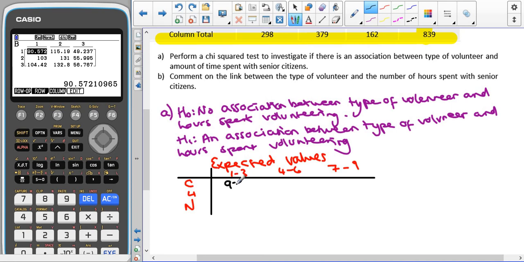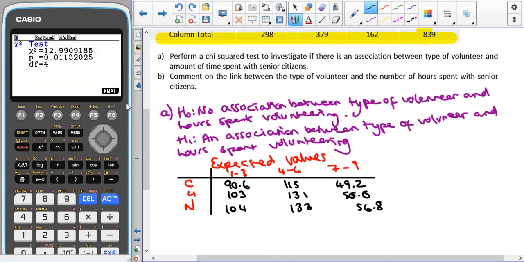So 90.6, 115, 49.2, 103. Again, you can write these to more than 3 significant figures if you want to. Just make sure you've got at least 3 significant figures. So now I can write this information down because I didn't have to do any pooling.